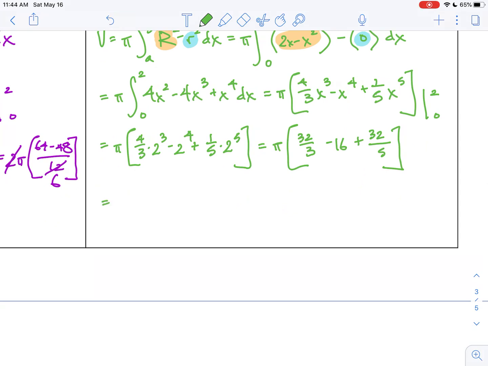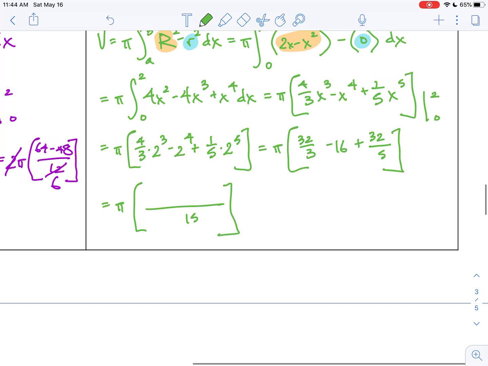And we're going to go ahead and find a common denominator of 15. And that will make 32 into a 160. That will turn 16 into a 240. And that'll turn 32 into a 96. And when I work that all out, I will get 16 pi over 15.